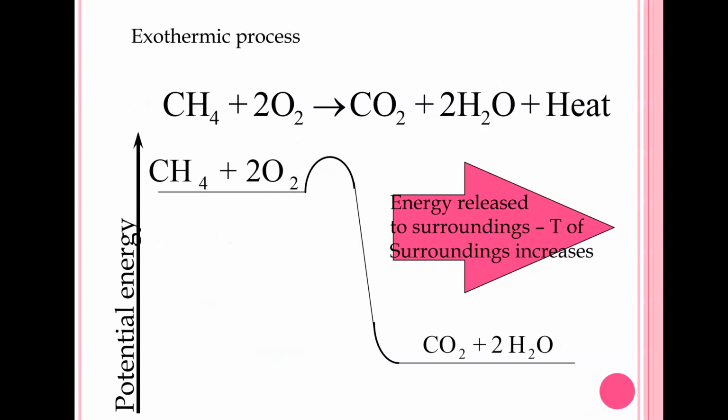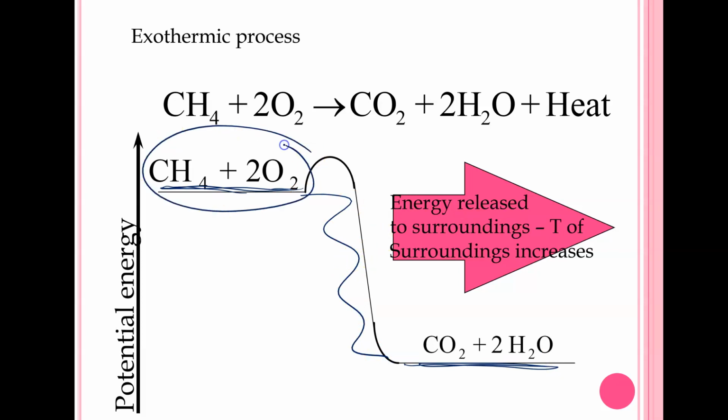So an example of this, one of my favorite demonstrations, is fireballs. You take methane, CH4, you react it with oxygen, it produces carbon dioxide and water in a combustion reaction. These two start at a higher energy level. And when they turn into carbon dioxide and water, they're at a lower energy level. And the difference in energy is released from this system. That is the system. And it's released to the surroundings. And so this is what we measure. We measure the temperature of the surroundings increasing.